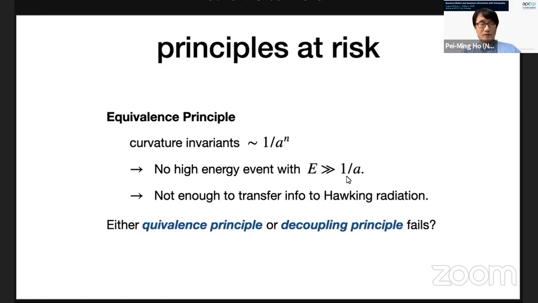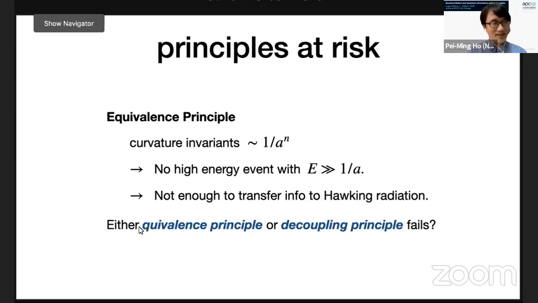So for a very large black hole, this energy is very low. So it's not enough to take away the information of the collapsed matter. On the other hand, string theory cannot help you because of the decoupling principle. So you have a conflict between the equivalence principle and the decoupling principle.